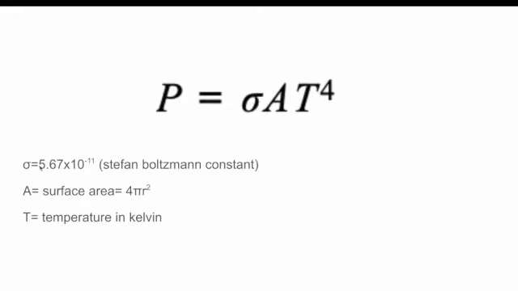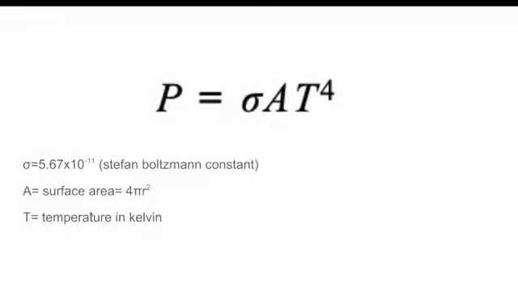And A here is the surface area, and usually we talk about this for planets, so it's 4 pi r squared because planets can be assumed to have a spherical surface area when you're looking at it from any direction, and then T is the temperature in Kelvin. So that's pretty much all we need to know for B.1.